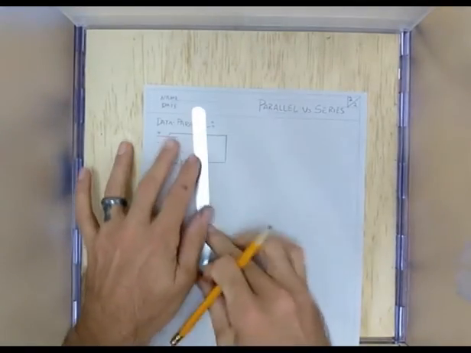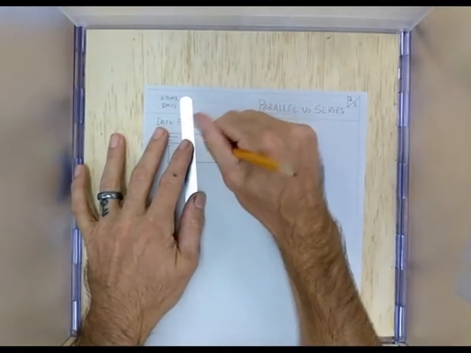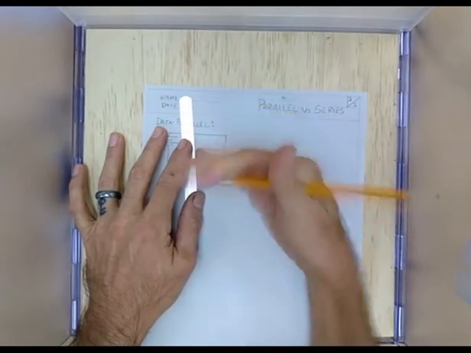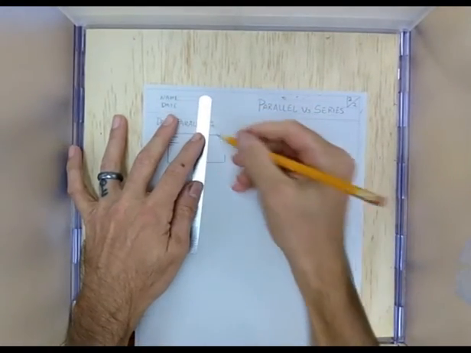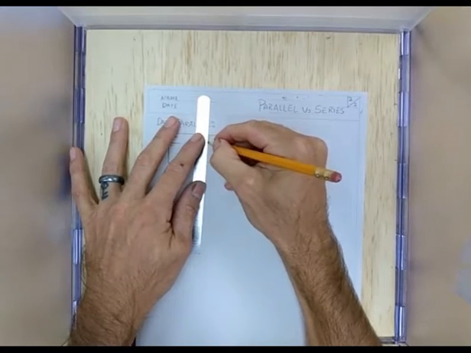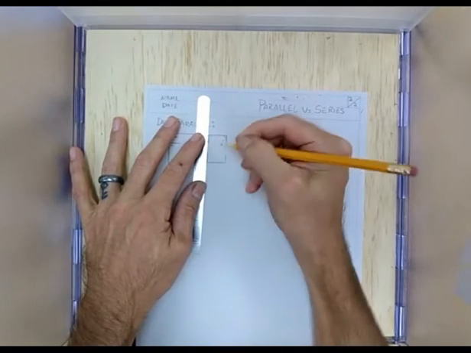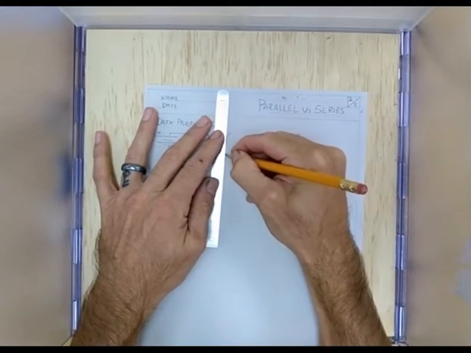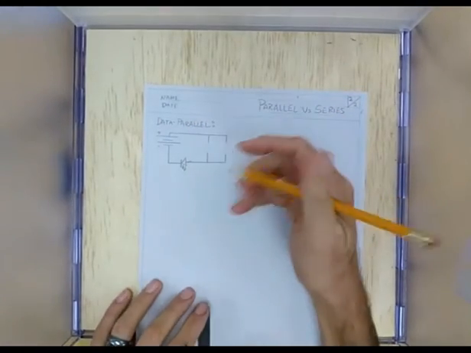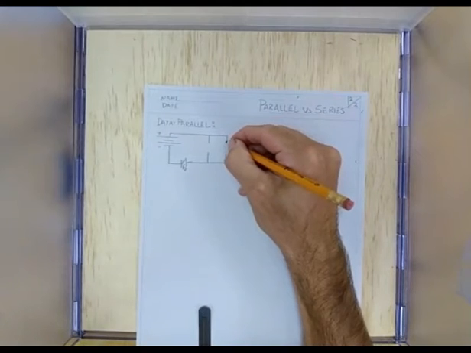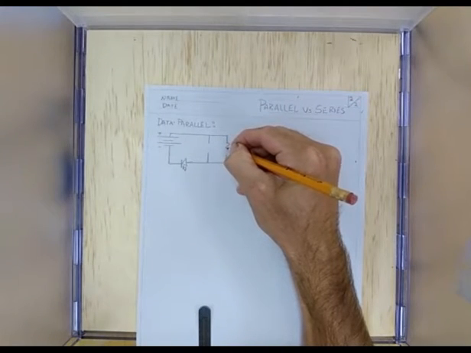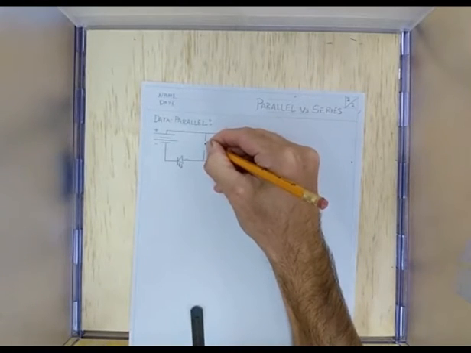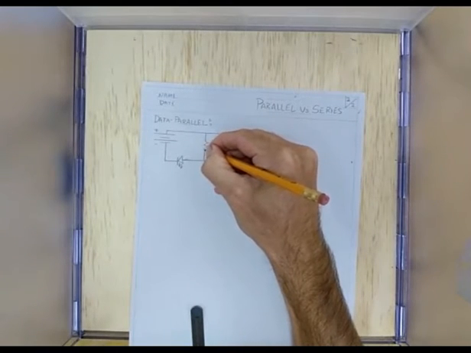I know this is kind of difficult to understand, but when we do our calculation, here's our resistor number 1 and resistor number 2.